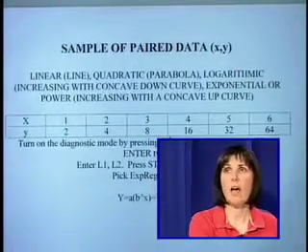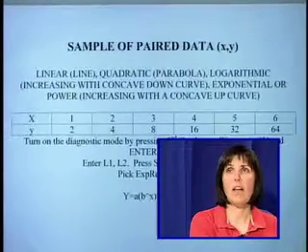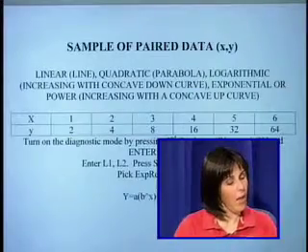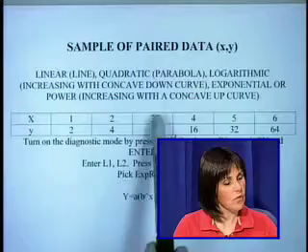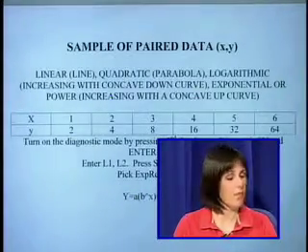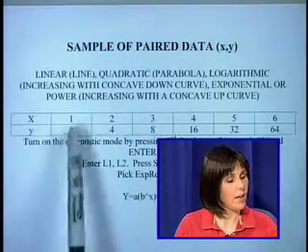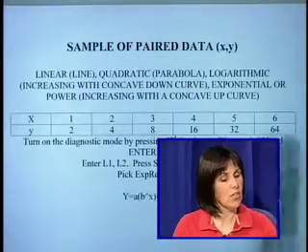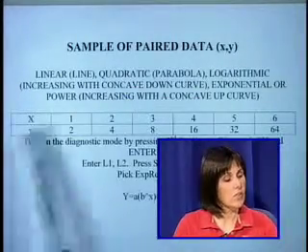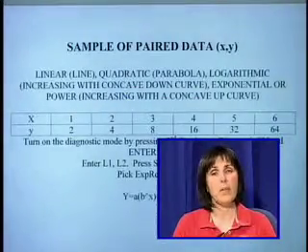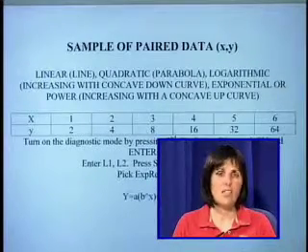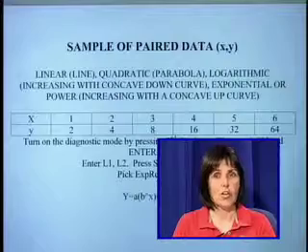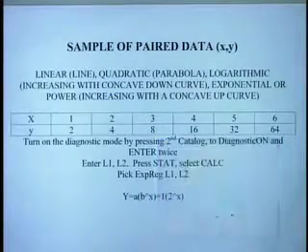I have an xy value. It doesn't matter what they are, but I have a paired data where I have x equals 1, 2, 3, 4, 5, 6. I try to make it very simple. And y values are 2, 4, 8, 16, 32, 64. So if you want to go in and plot those in your stat plot in the calculator, you'll see that passing a line through it may not be a good idea. So let's go and let's do that.